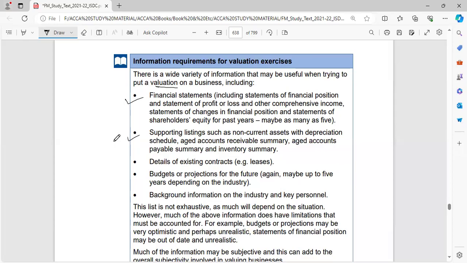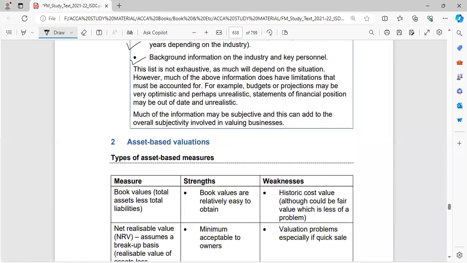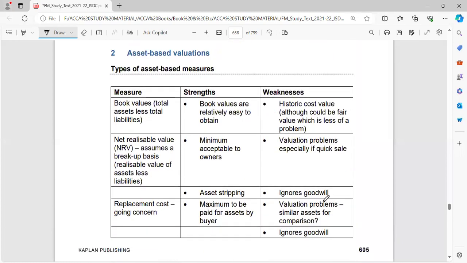Second, supporting listings such as non-current assets with depreciation schedule. The third one is we will examine the existing contracts. Next one is we will use budgets or projections for the future. Next one is we will use background information on the industry and key personnel. So this information is needed for valuation exercises.